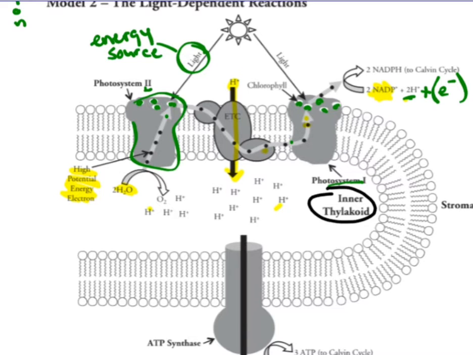When you split water, look, do you see this little guy right here? When you split water, you harvest the electrons from water, and you also release what two things? It's H2O, so you're releasing oxygen and hydrogen. So that is also contributing to this gradient.